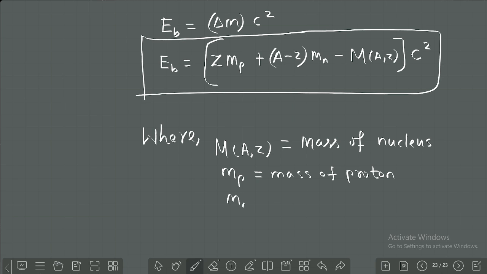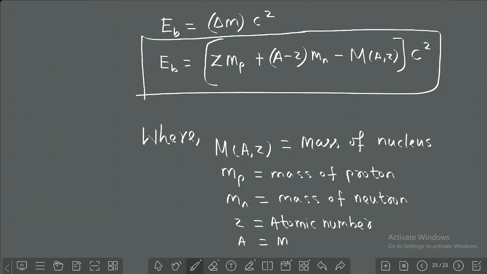And M_N is the mass of neutron. Z equal to atomic number. A equal to mass number. And A minus Z is the number of neutrons. So this much you remember.